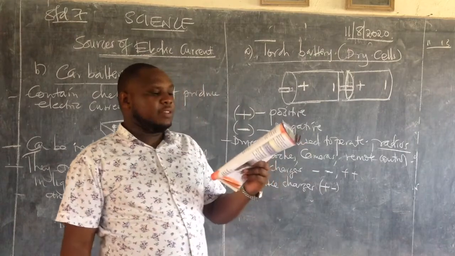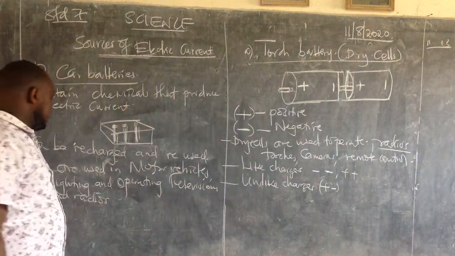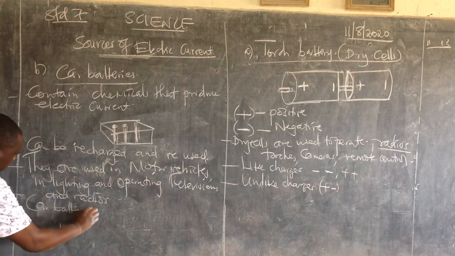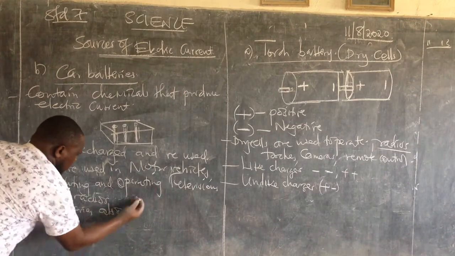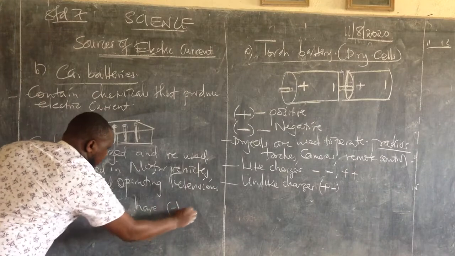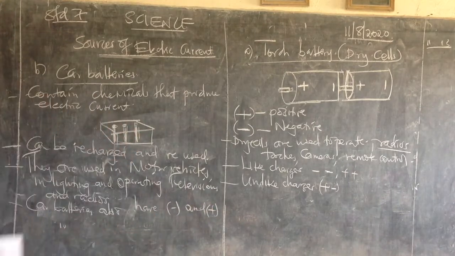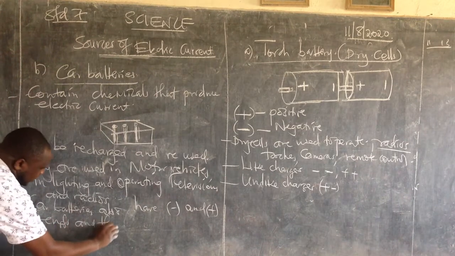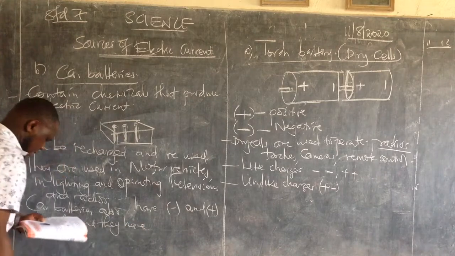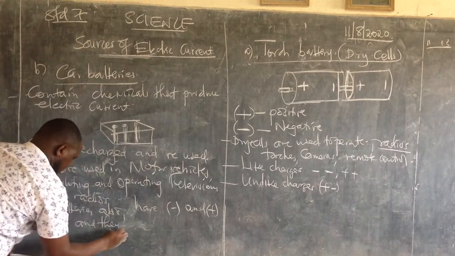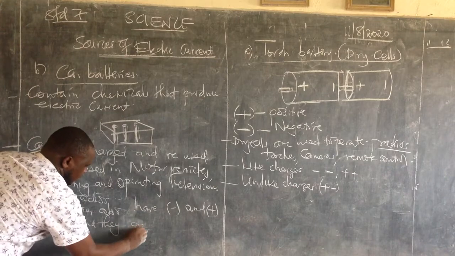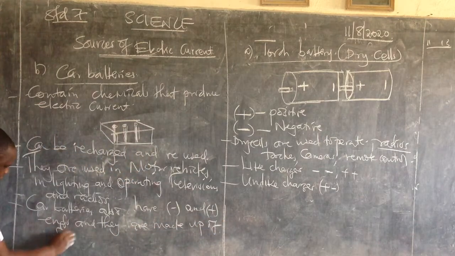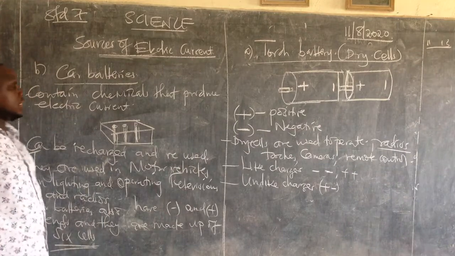So car batteries also have negative and positive ends, and they are made up of 6 cells, like I said.